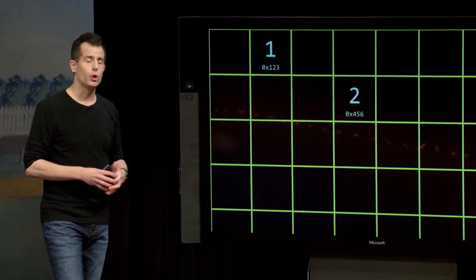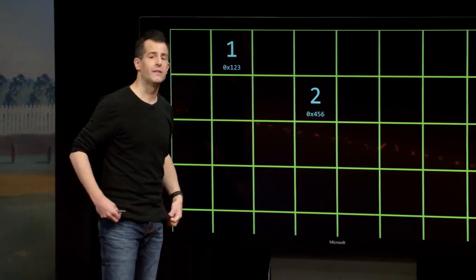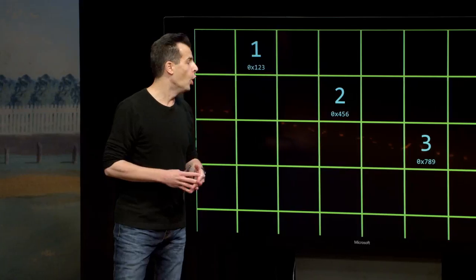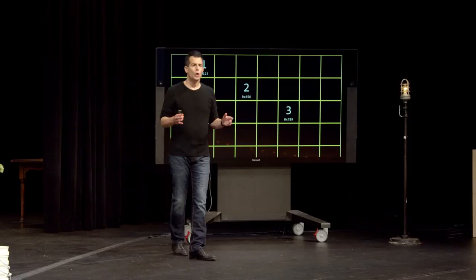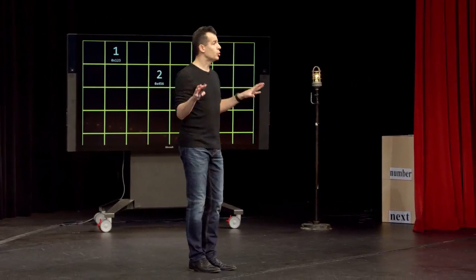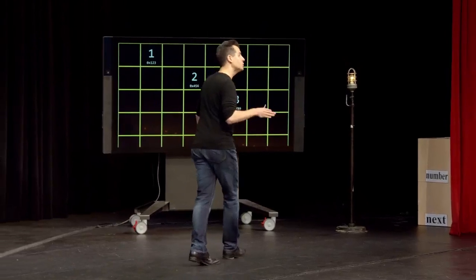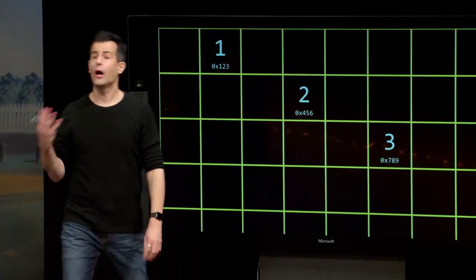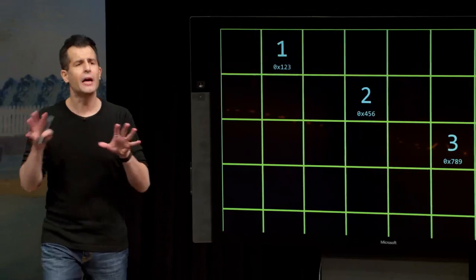Suppose I want to store number 2. Maybe it's at address 0x456. And then suppose I want to store number 3. Suppose it's at address 0x789. So notice deliberately, these numbers are spread out in the computer's memory. Because after all, the problem we ran into a moment ago with arrays is that you might have hello world or other values from other parts of your program kind of in the way.